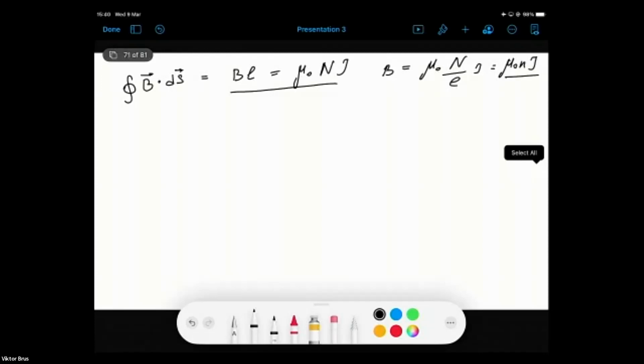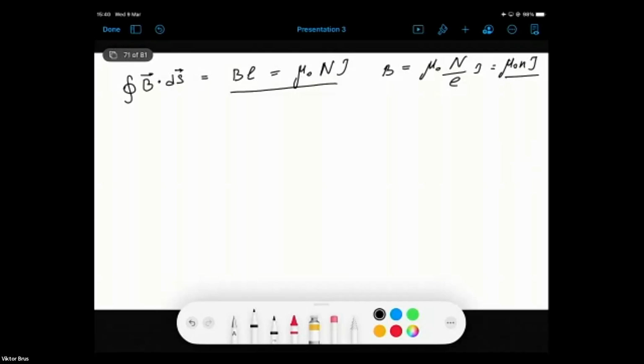Now, let us introduce one more also very important concept in magnetism. In particular, we can call it Gauss law in magnetism, or just flux of magnetic field through some surface.